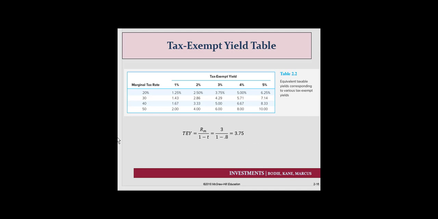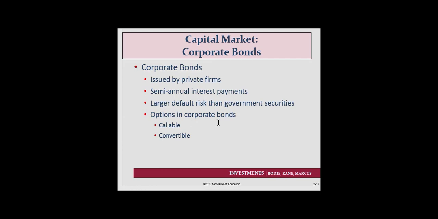So again, we want to be able to make these comparisons of different debt. Corporate debt, you should be familiar that corporations issue debt. Usually they're issued possibly by private firms, sometimes by public firms. They pay a semi-annual rate and carry larger default risk.